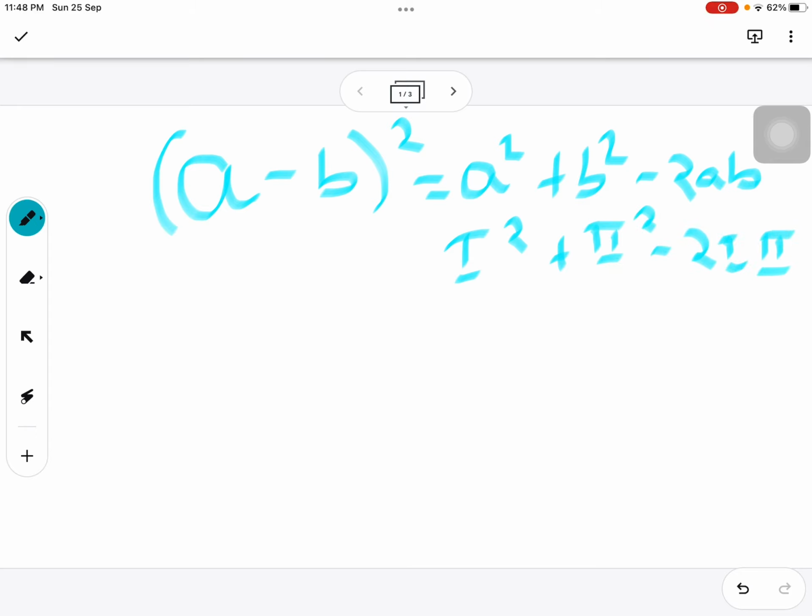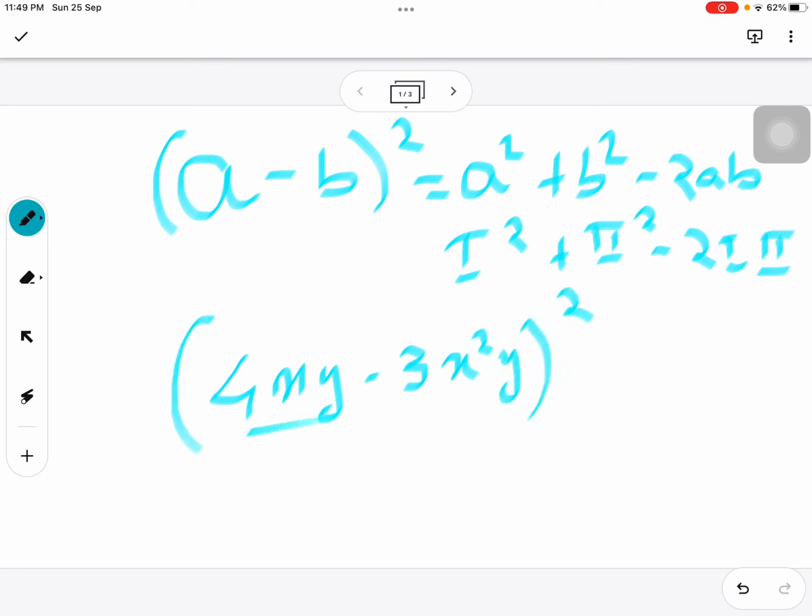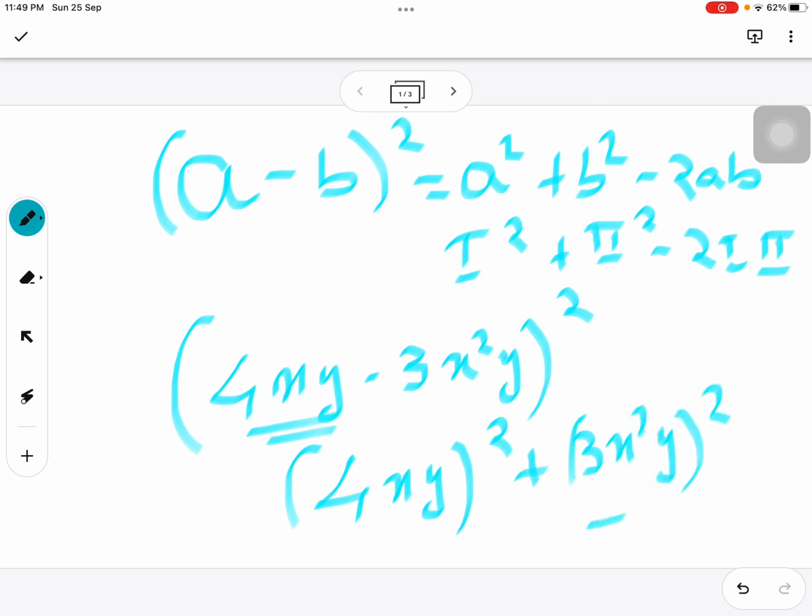The reason I am telling you in terms of first term and second term is because when you have complex cases like 4xy minus 3x square y, you have to take the entire term. So this becomes 4xy whole square plus 3x square y whole square minus 2 into the first term into second term. You multiply them and simplify them.